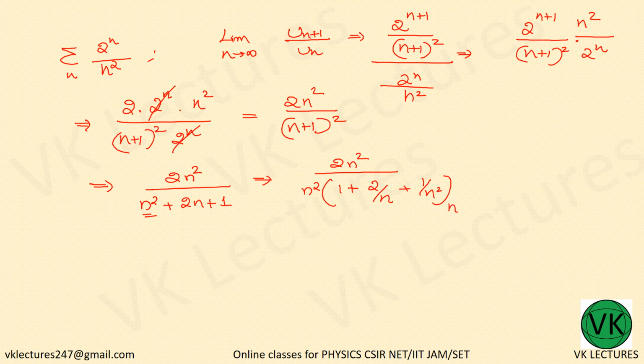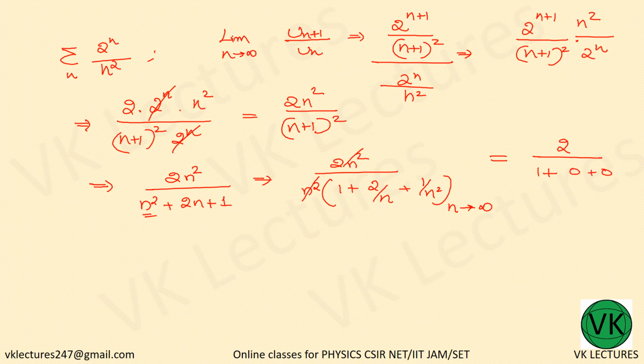Now put n tending to infinity here, and this n² and n² get cancelled. So this becomes 2 divided by 1 plus 2/n, 1/n², these two terms become 0.